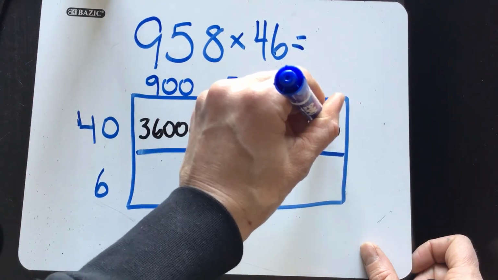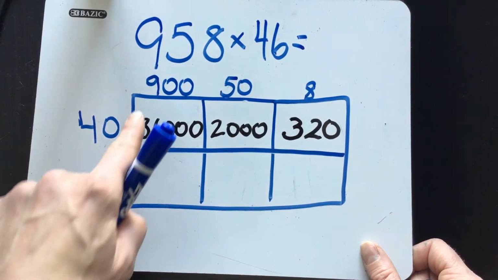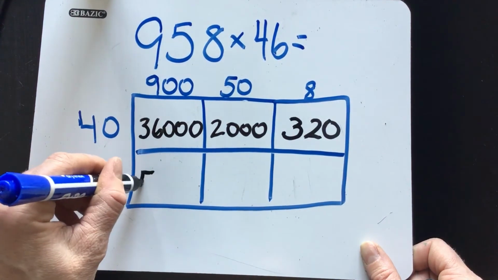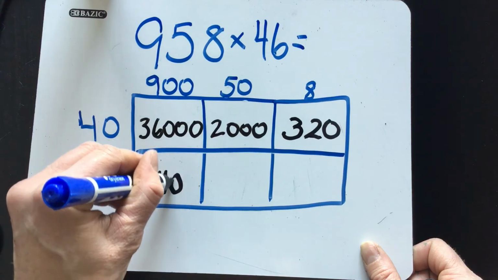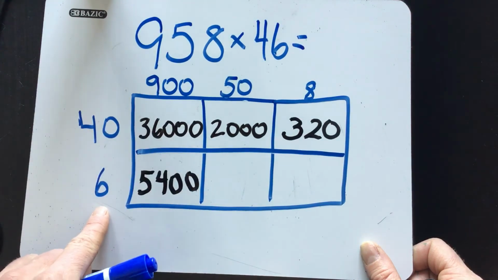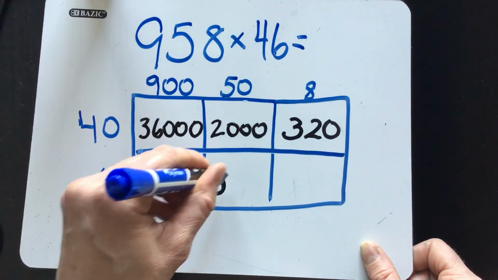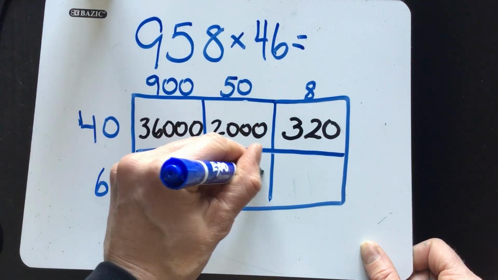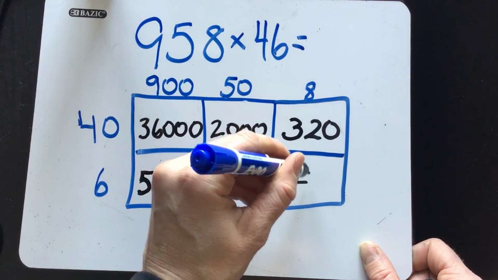Put 1 zero on the end. Now I need to do 6 times 900, so what's 6 times 9? 54. 2 zeros on the end. 6 times 50, so 6 times 5 is 30, and then I need to add that 1 zero. And then the last number I need to multiply is the 6 by the 8. 6 times 8 is 48.